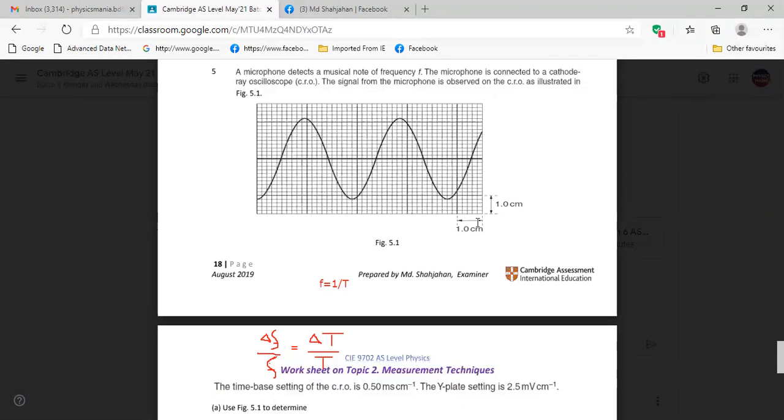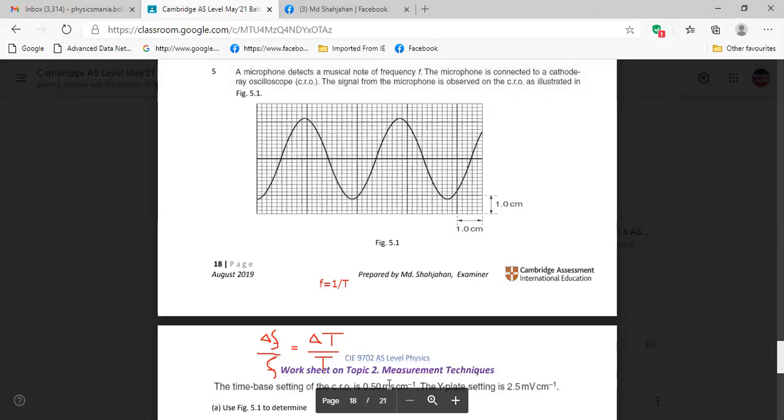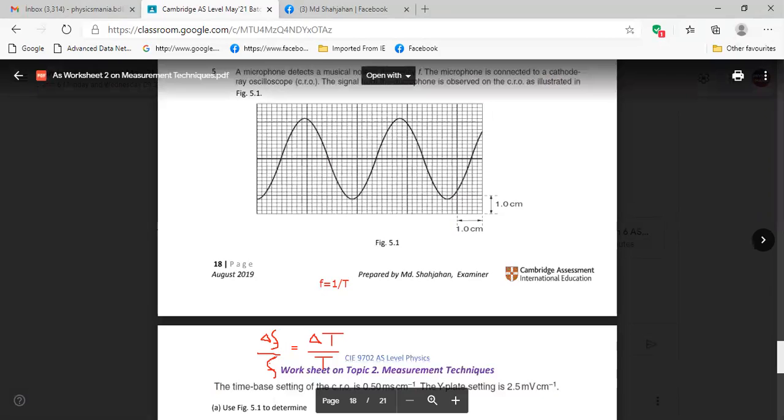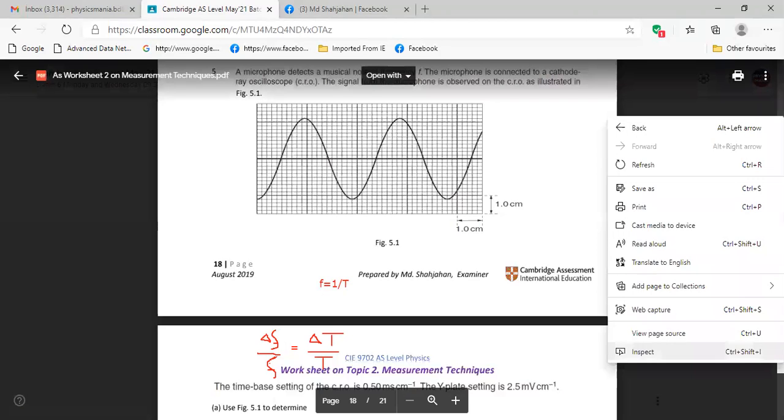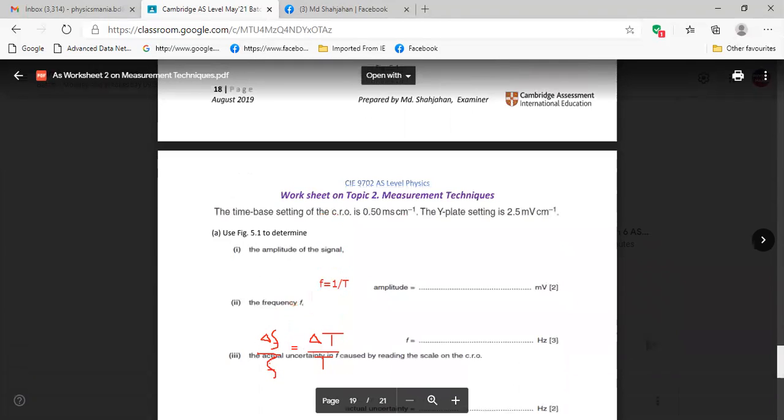This is representing the time. We have the time base setting, 0.50 millisecond per centimeter, right? Yes, sir. We have to convert it to time, since we have time period, del T.